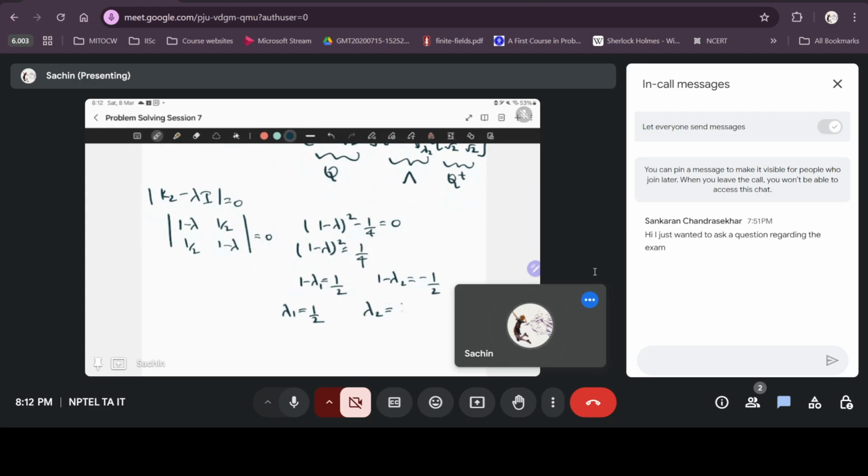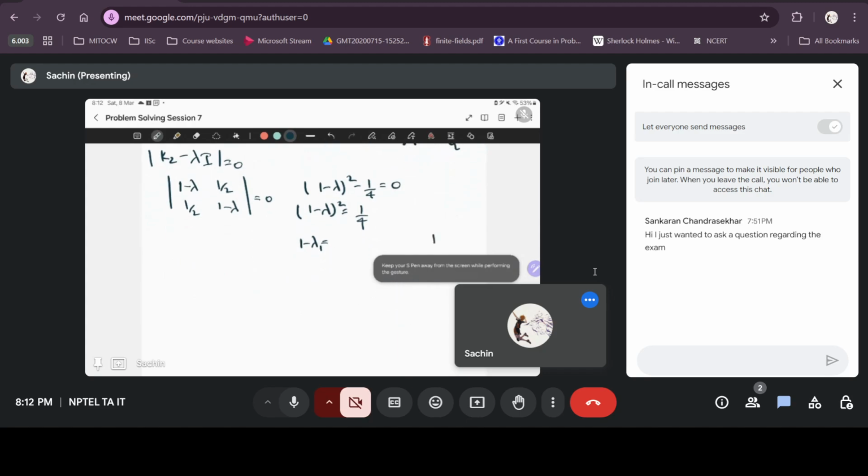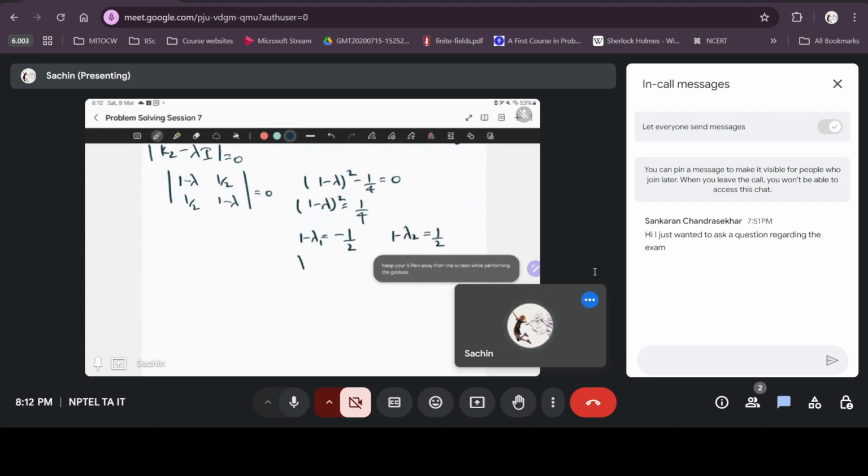3 over 2, 1.5. Or you can write it either way. Okay, I'll consider the larger value as my lambda 1 and the smaller value as lambda 2.